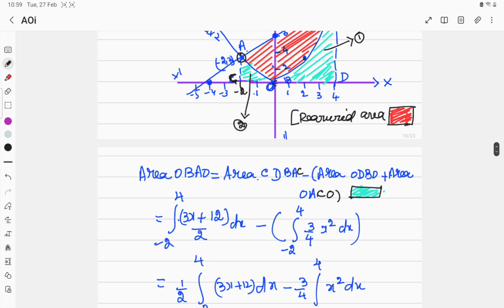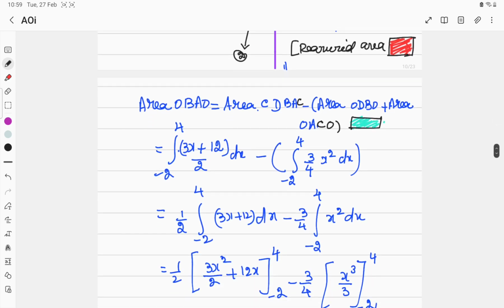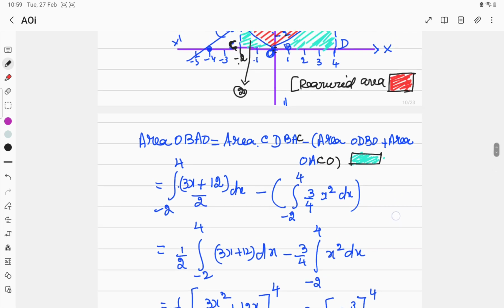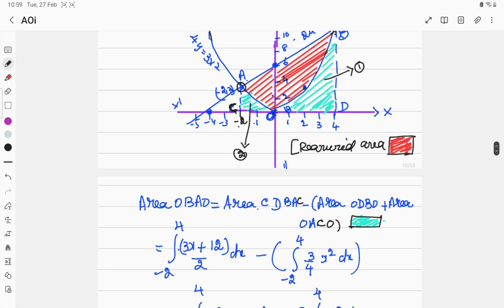Area CDBA is under a straight line, so it goes from −2 to 4 for the total area. Here x = −2 to x = 4. So the integral of (3x + 12)/2 dx from −2 to 4, minus area ODBO plus area OACBO. It is a curve, part of the curve.